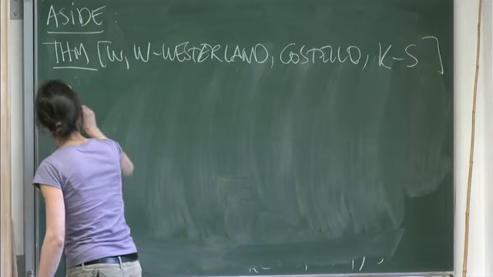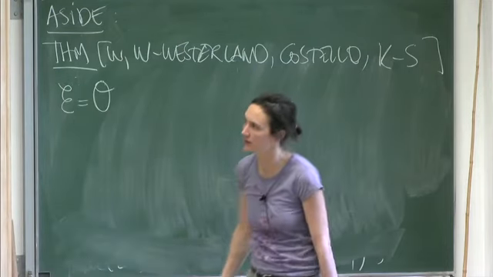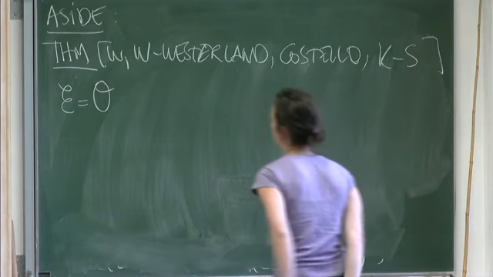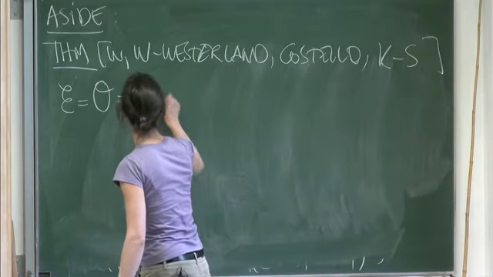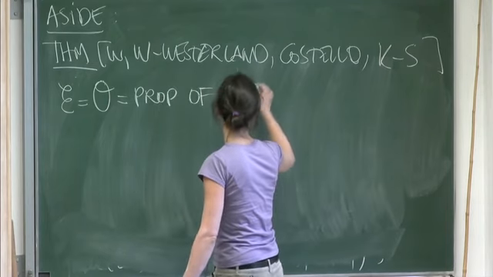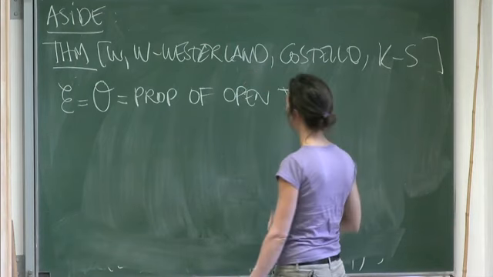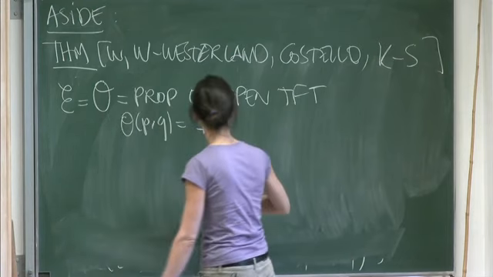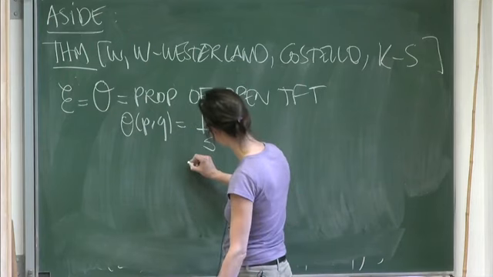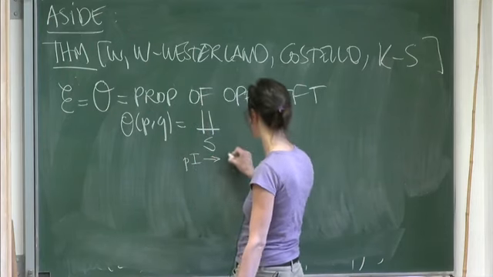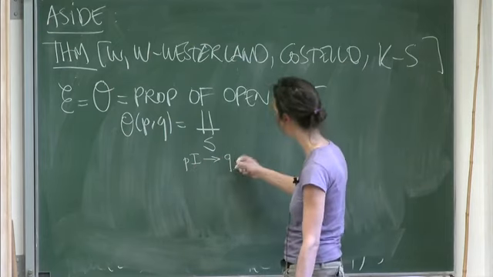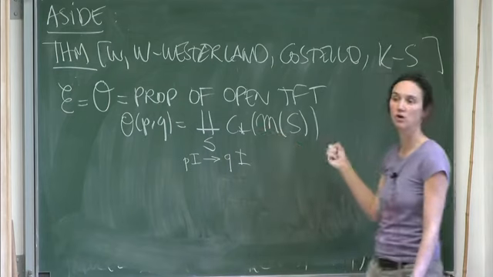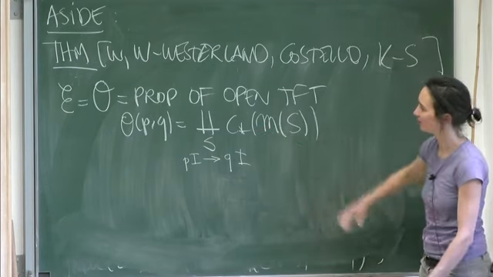If you started in our algebraic statement there, with E being the prop of open topological field theories, where O(P, Q) is a disjoint union over cobordisms from P intervals to Q intervals of chains on the moduli space of B diff of this surface.